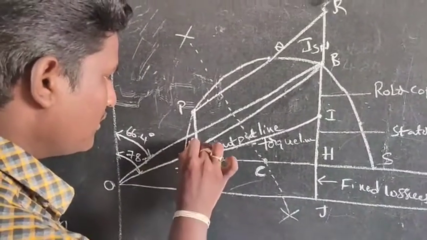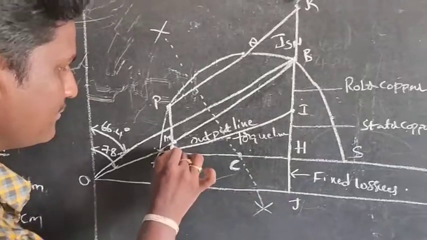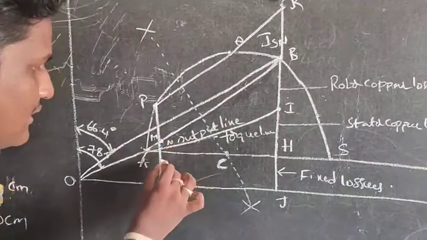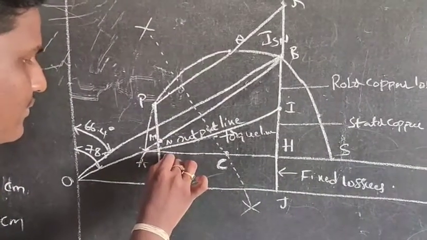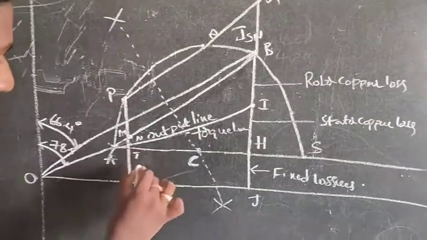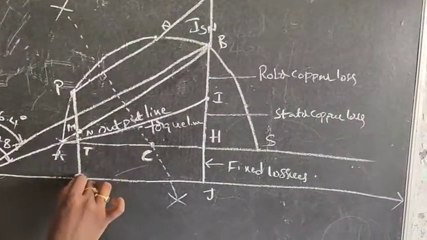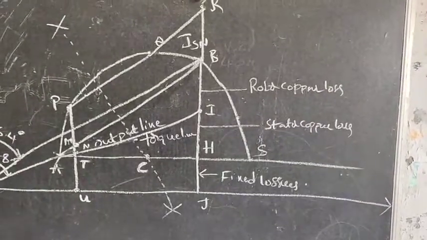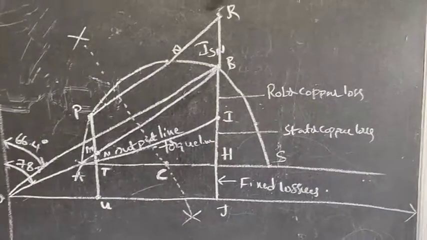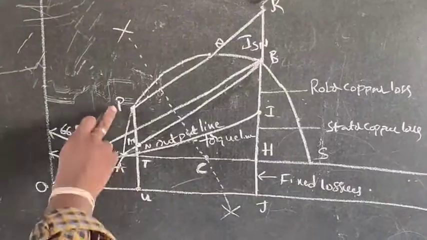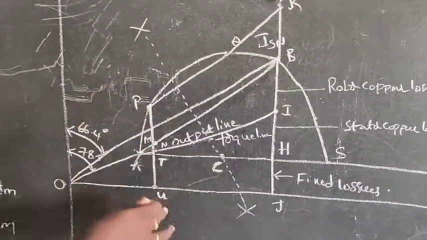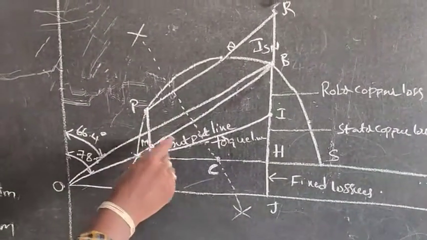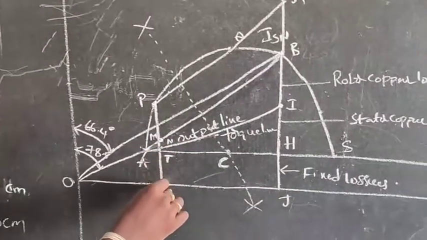Put that one, output line is M, this one is N, this one is P, Q, R, S, T, and this one is U. It extends and touches the output line, torque line, and the losses.